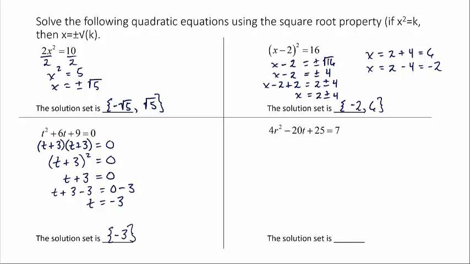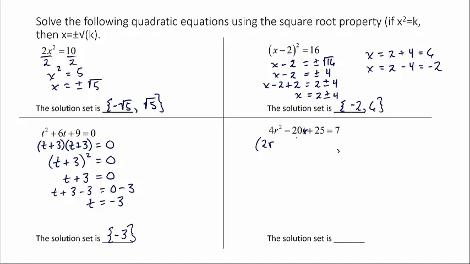So in this example, 4r squared minus 20r plus 25 equal to 7. 4r squared minus 20r plus 25 is a perfect square trinomial, I believe. I notice that 4r squared is a perfect square, right?